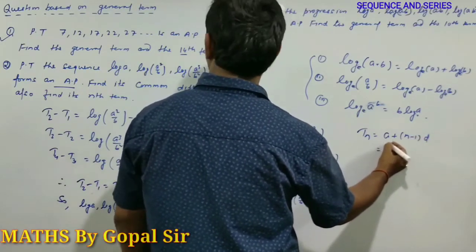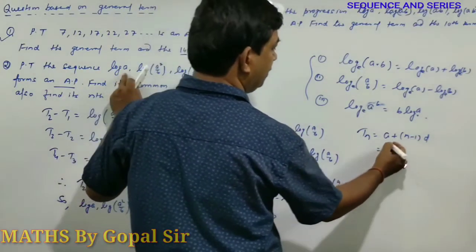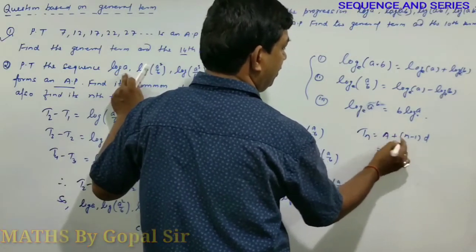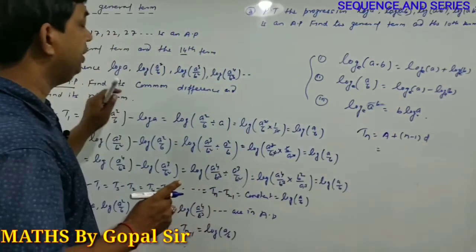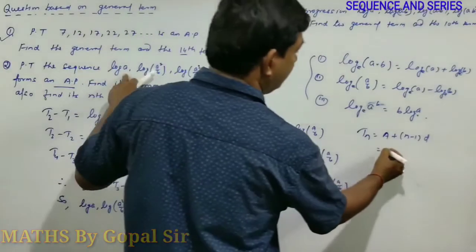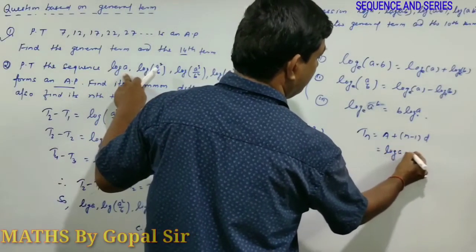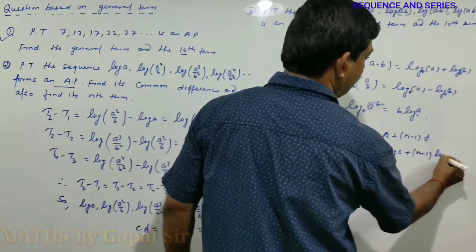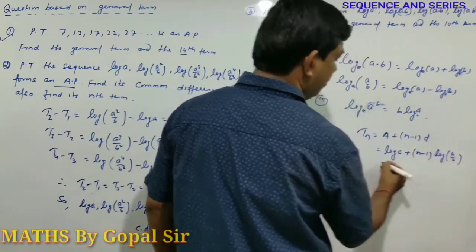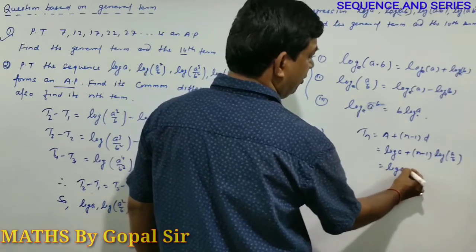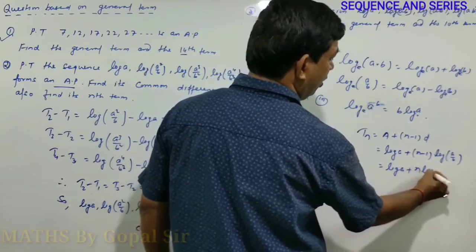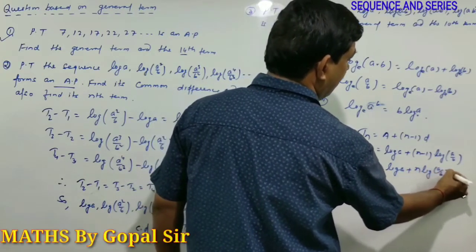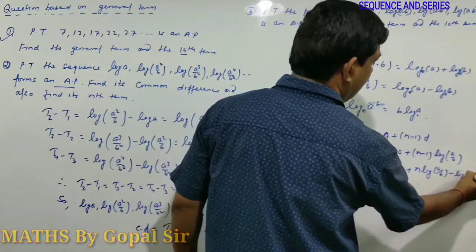So a means first term. We can write it in this way because these two a's will be confusing. First term is log a, plus n minus 1, and d is log a by b. So we can write this as log a plus n log a by b minus log a by b.